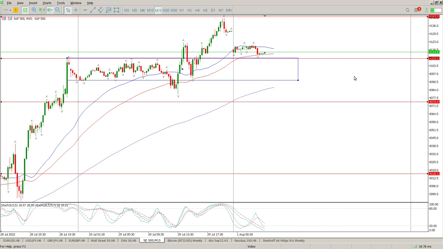So if you just put a block around it, pay attention to what's happening, and then as soon as price gets to one of those areas and starts bouncing, that's your signal to take your longs. If we start dropping below this area here, which is 40.74, we need to break below and then come back. That would trigger shorts for me at the moment.